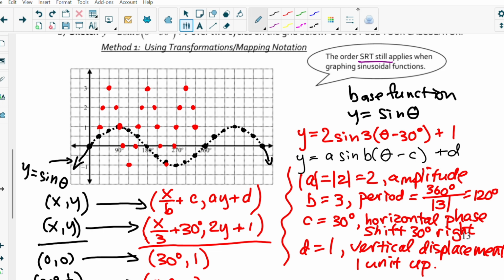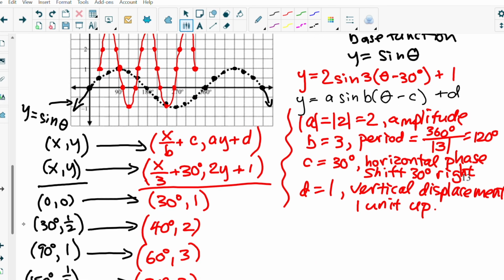So let's go draw this in. Okay, this is our transform function using nothing but mapping notation.